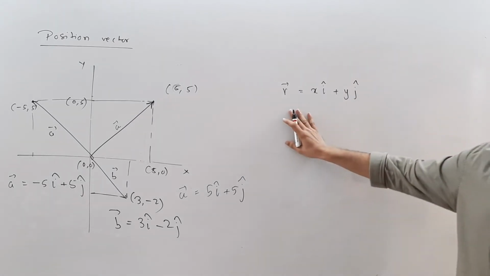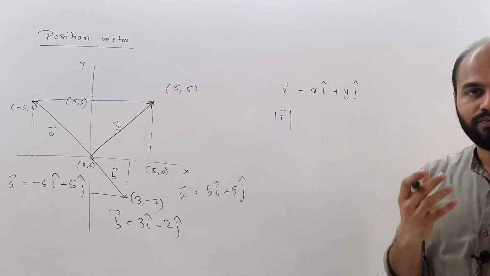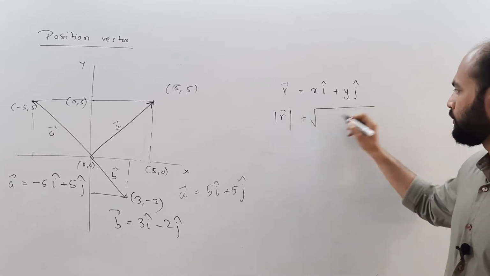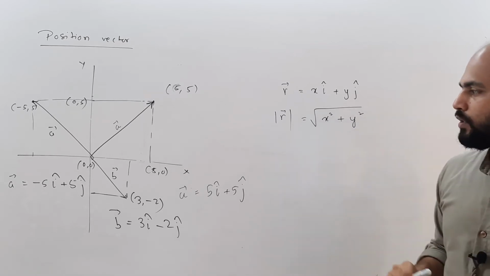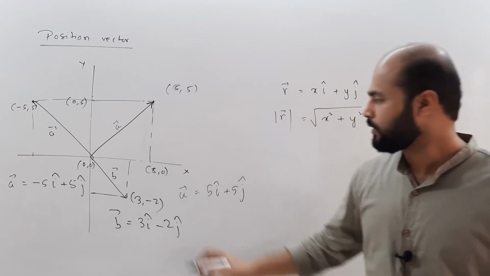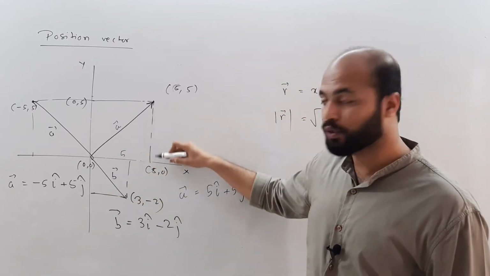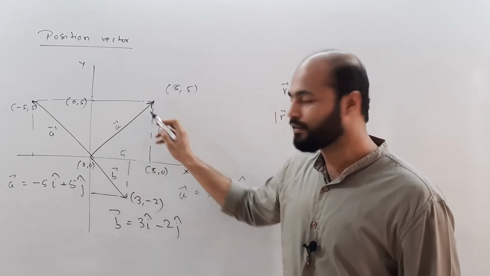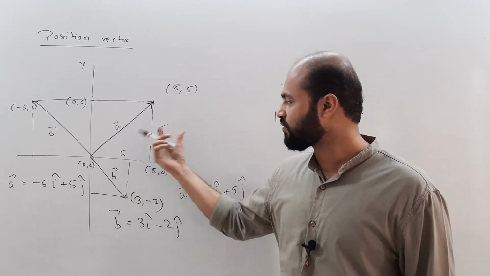If you want to find the magnitude of this, how big this vector is, then it would be given by root over x square plus y square. You can clearly see that this is 5 units from here to here and this is 5 units from here to here. So obviously, to find this length we just have to use the Pythagoras theorem, that is root over 5 square plus 5 square.